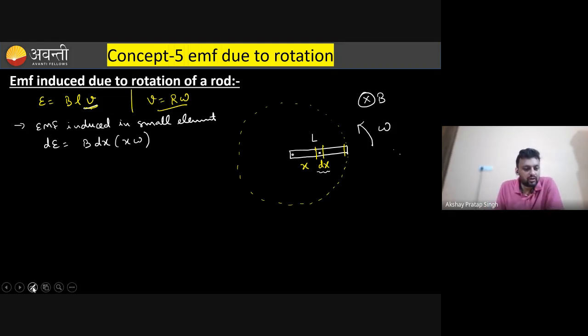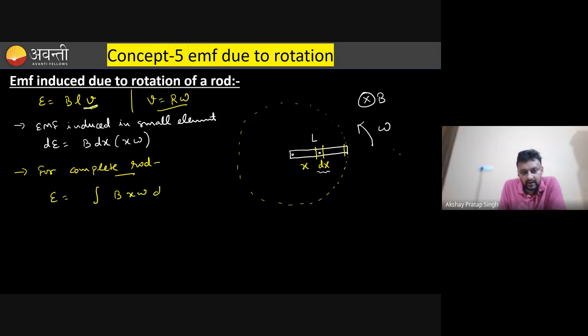Now, for the complete rod, what you can do is the integration of B x omega dx. I have written it here. Now take the integration. What will be the limit?